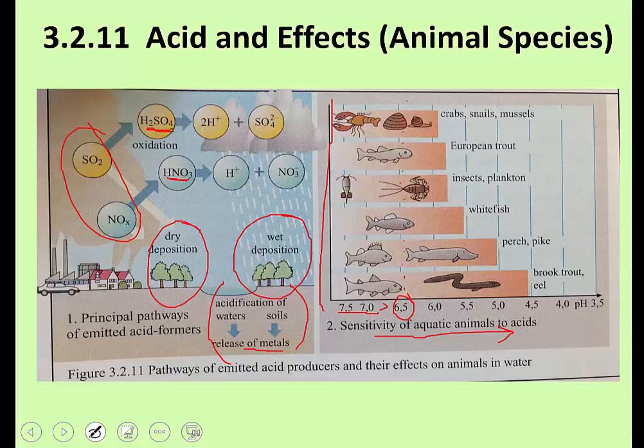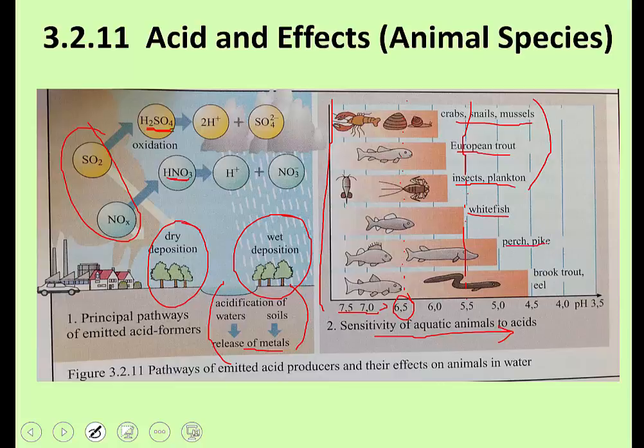Things like crabs, snails, mussels, various species of fish, various water insects, plankton, start to really have some trouble with that. As you keep going, you get down to about a 5.5. You've pretty much lost all these species up here. They're dead. And then we've added various whitefish to that.